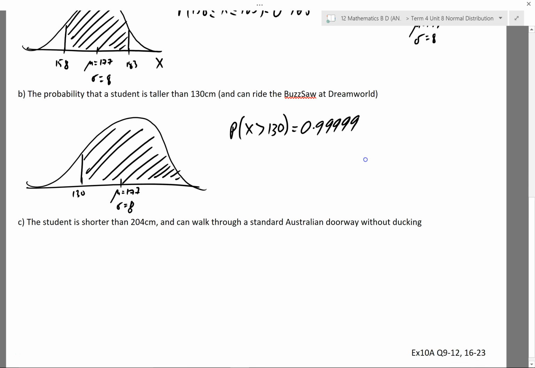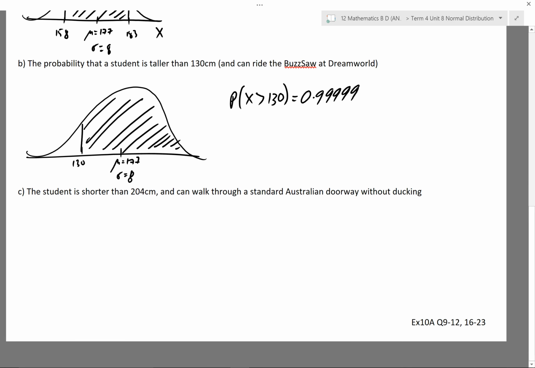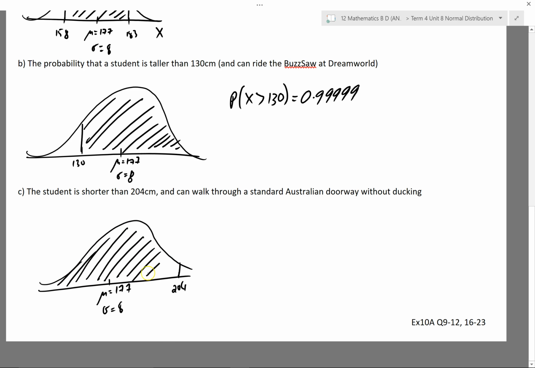Why isn't it 100%? Well, it's just saying that there may be a case where there's some extreme outlier who's shorter than 130. And the last one, if the student's shorter than 204 centimeters and can walk through a standard Australian doorway without ducking. So let's just see what's the probability of a student being below 204 centimeters. So I'm after the probability that x is less than 204.